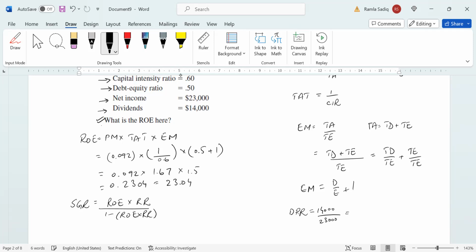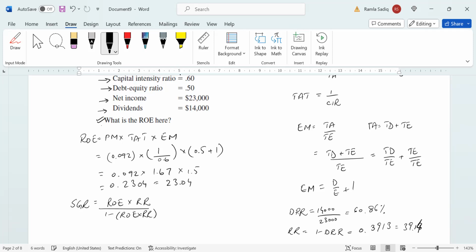So 14,000 divided by 23,000 gives us a dividend payout ratio of 60.86%. So 60.86% is our DPR. Retention ratio is going to be 1 minus our dividend payout ratio. So 1 minus that number gives us 0.3913, or 39.14% with rounding off.